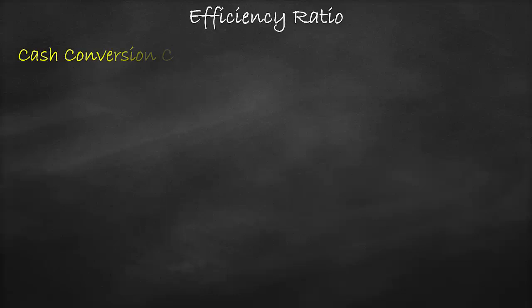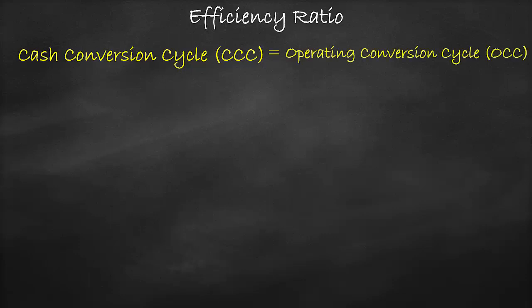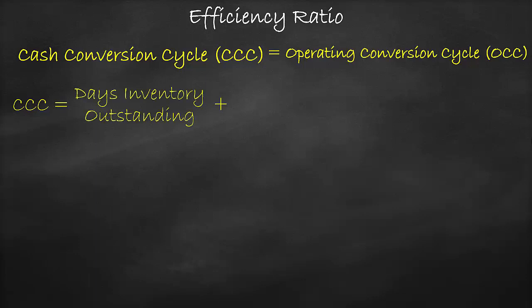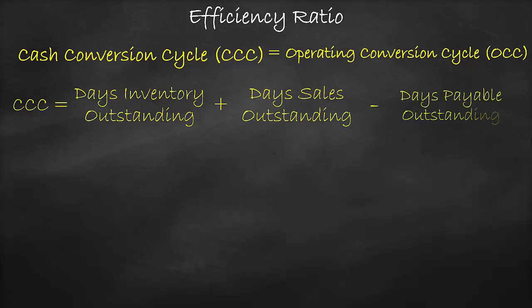An example of the efficiency ratio is the cash conversion cycle ratio, which is also called the operating conversion cycle ratio. The cash conversion cycle formula is days inventory outstanding plus days sales outstanding minus days payable outstanding. Days inventory outstanding is also known as days sales in inventory.